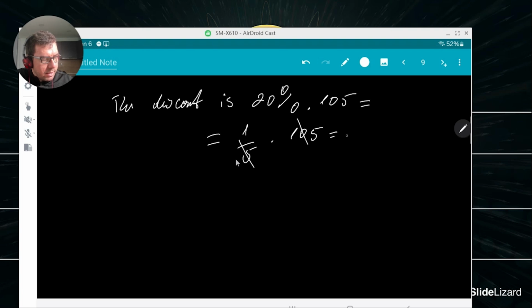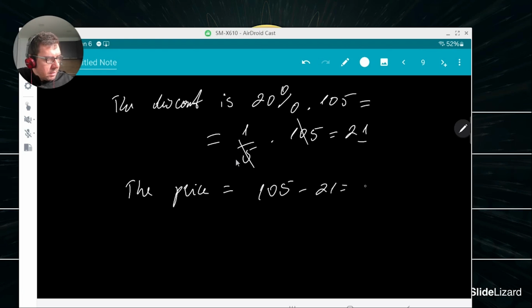I reduce here, I get 21, and this is how much I save on the sale, right? So this means that the price is going to equal the original price minus the discount. So 105 minus 21, and this gives us $84. All right, and that's the answer.